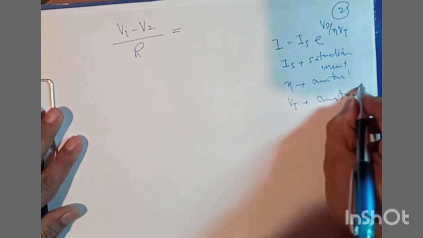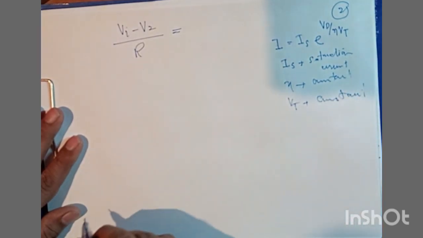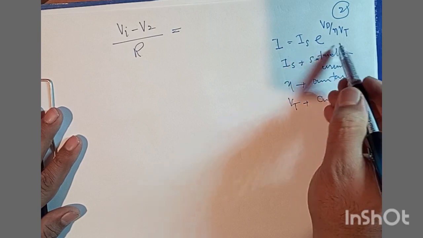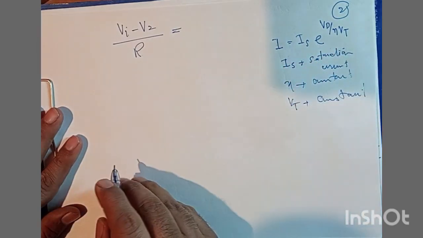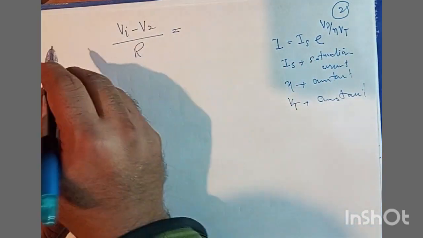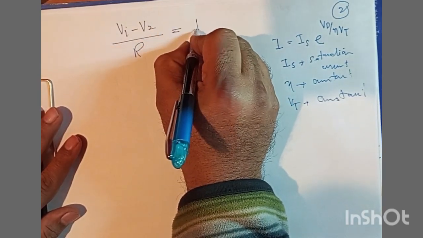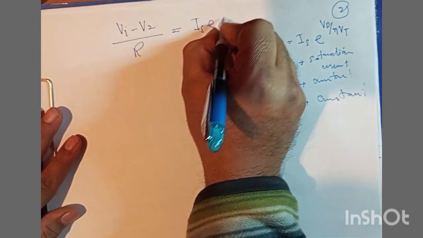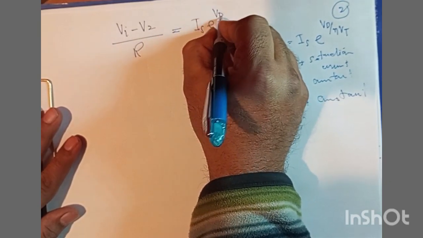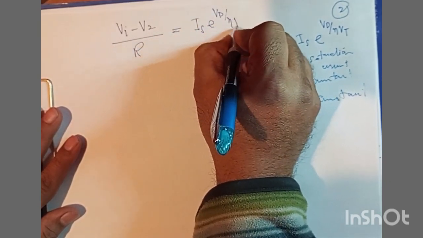So they are just numbers. This Is is a number, eta is a number, and Vt is a number. So here, instead of ID, I would write Is times e to the power of VD upon eta Vt.